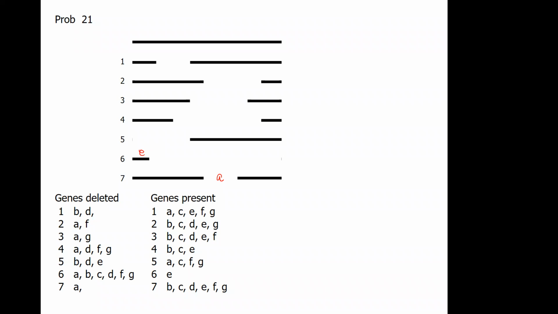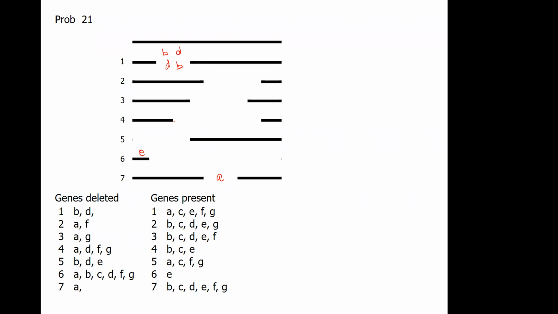So now I'll go to some of the other ones. So chromosome 1 is missing genes B and D. So it could be that we have B and D like this, or it could be D and B like this. We can't tell anything about their order yet, but we know they're both in that region. So let's find another one that's missing just B or just D and see what happens.